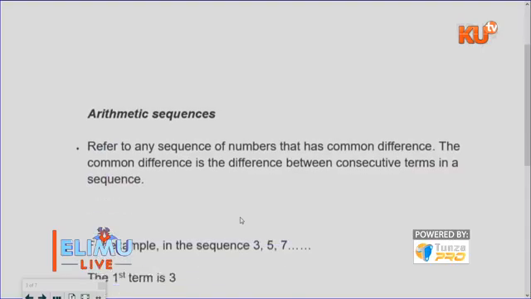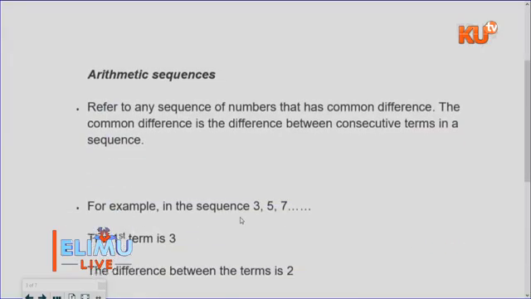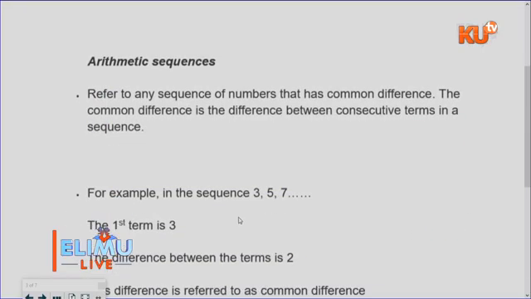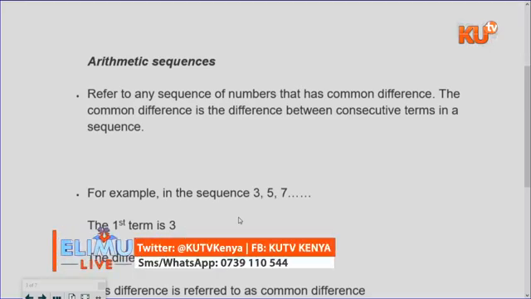Now, when we talk of an arithmetic sequence, what we mean is simply any sequence of numbers that has a common difference. The common difference here is simply the difference between consecutive terms in a sequence.